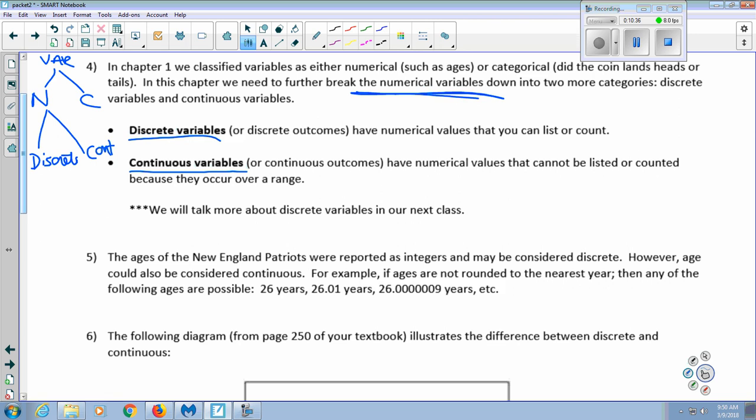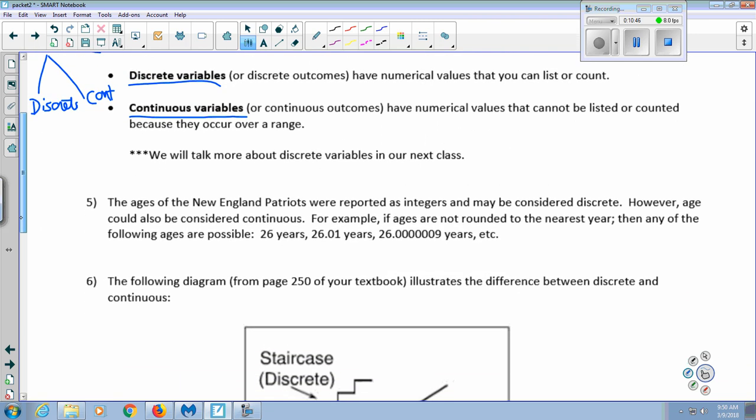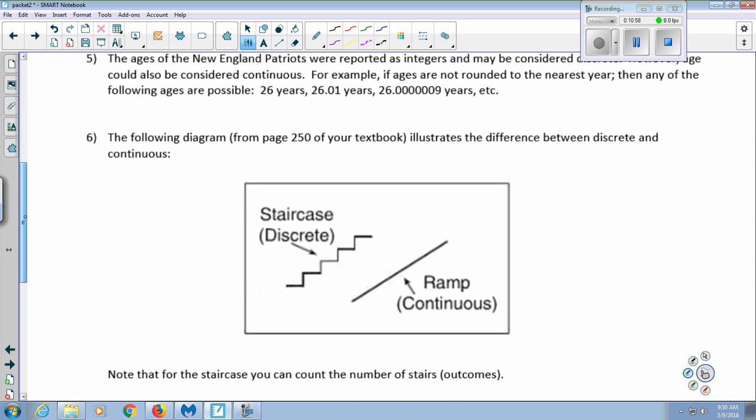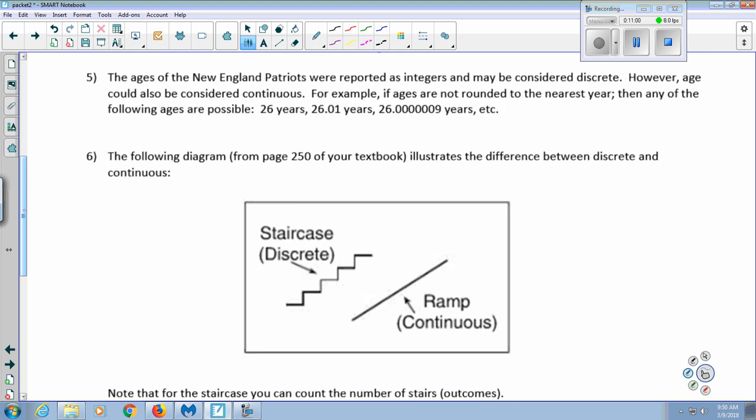You can't list all the actual values, so they're continuous. And it's going to be very important for us to distinguish which one we're working with. We're today going to be focused on continuous. We'll be focused on discrete variables a little later on.